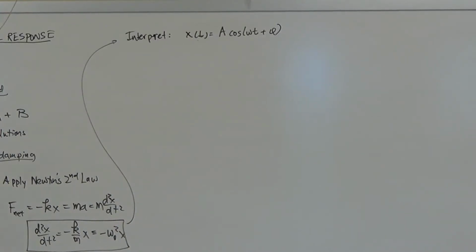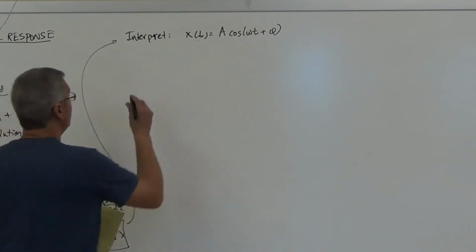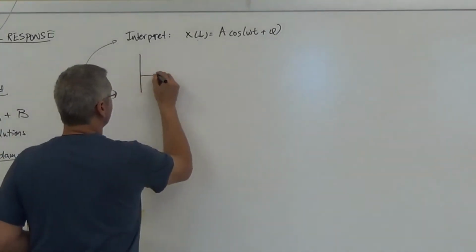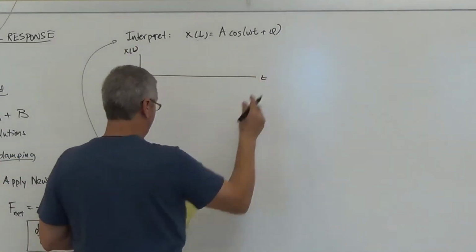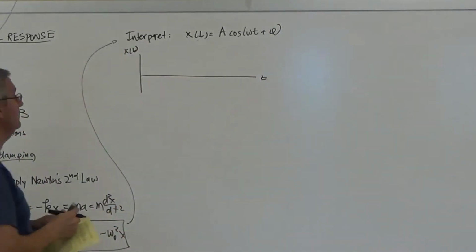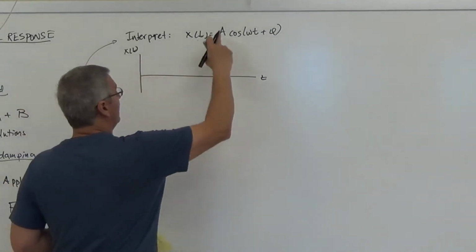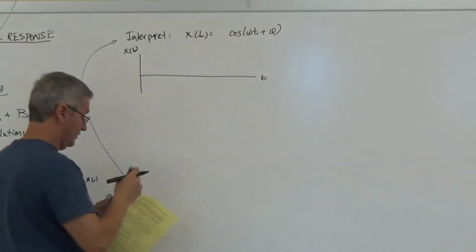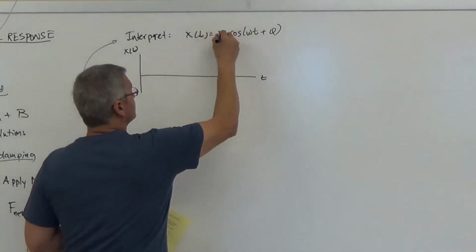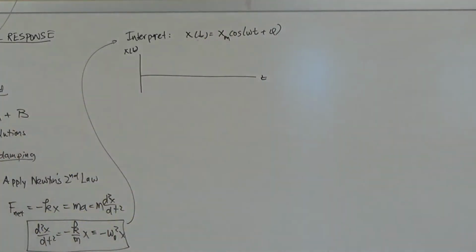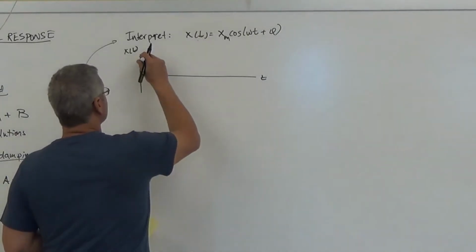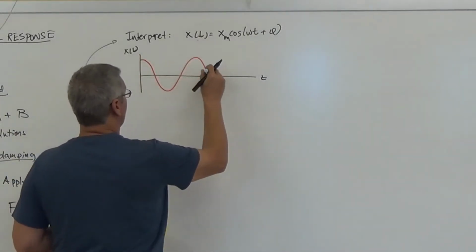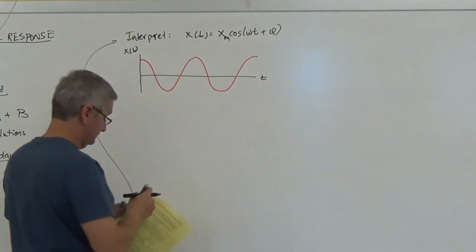I could set the phase constant equal to 0 for a moment, but what you're really seeing is that if I plot this as a function of time, you're going to get an oscillation. I call this A, I'm sorry, I should not have called that A. I should have called this xm to keep with the notation of the book. So then you'll have some oscillation that looks something like this.